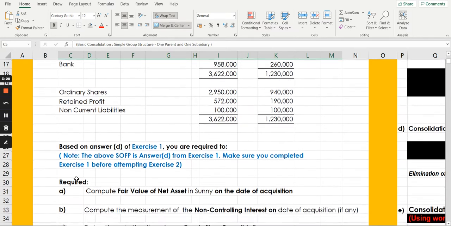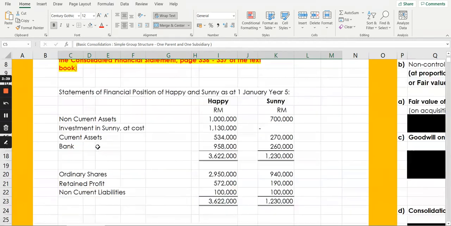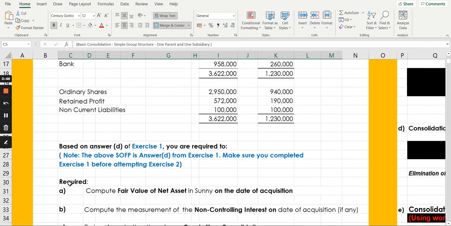So let's look at the information that you have here, based on answer D of exercise 1. Exercise 1, answer D is this one. These are what you are required to do.